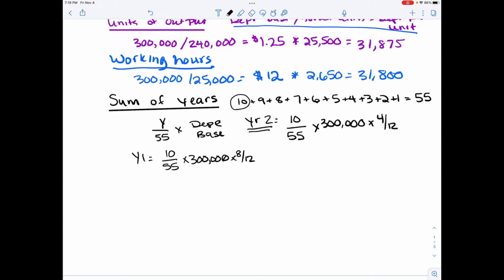So in year 2, I'm going to calculate those last 4 months, 18,182, and then from year 9 of the asset's life, 9 of 55, still multiply by that depreciation base, and then finally I have to capture the other 8 months.